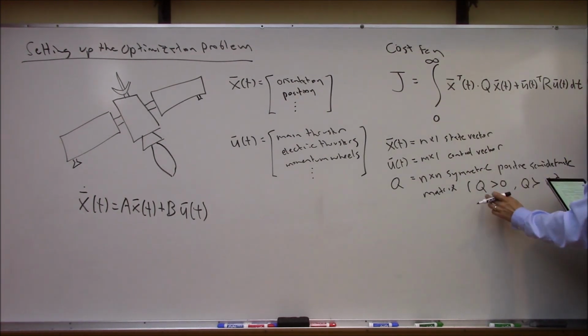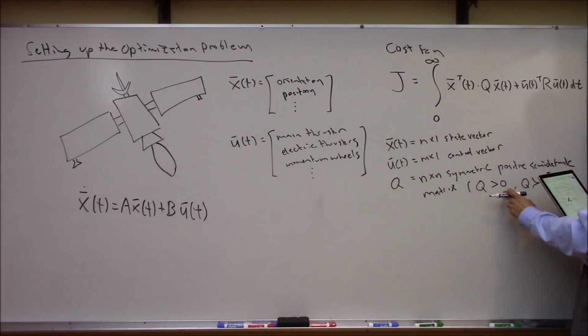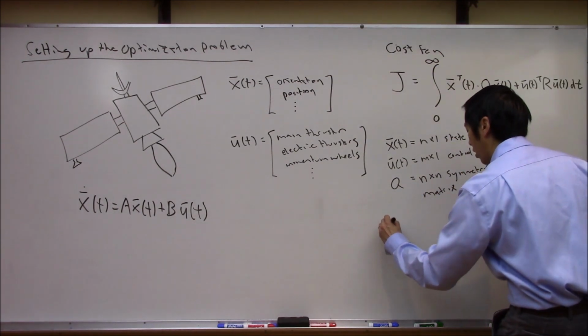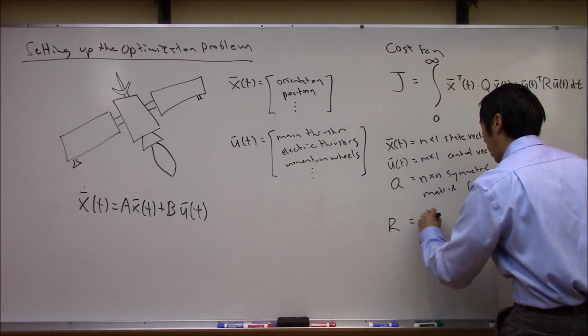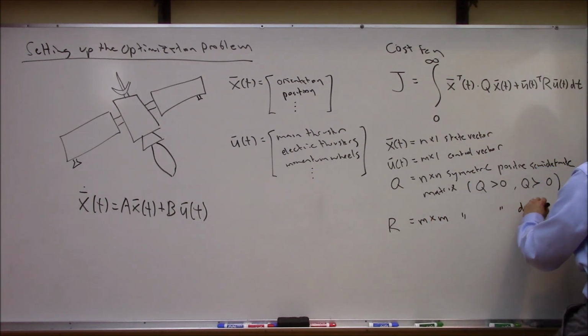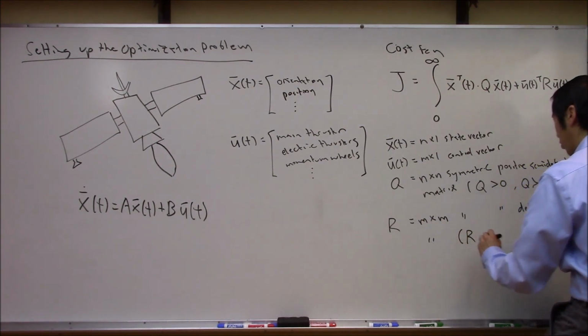Again, this is a notation for this matrix being positive semi-definite. And finally, R is an m by m symmetric positive definite matrix.